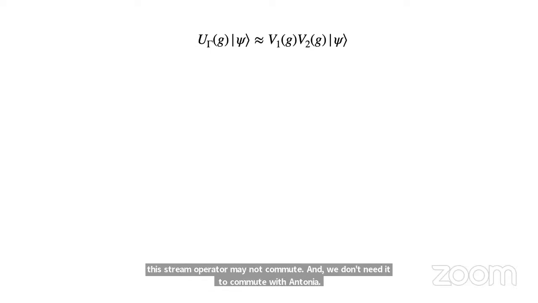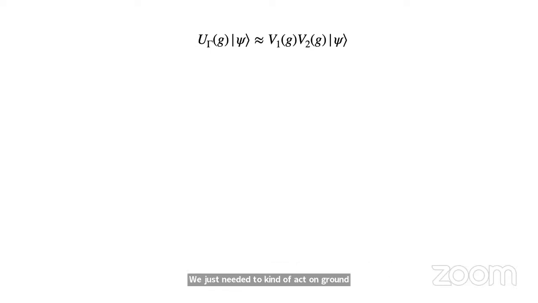So the string operator as a whole thing may not commute with the Hamiltonian, without the local unitary. We don't need it to commute with the Hamiltonian. We just need it to act on the ground state and preserve the ground state, up to some exponentially small corrections. Yeah, that's all I need.